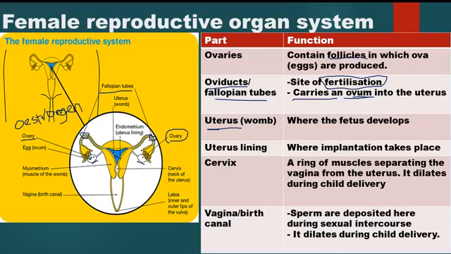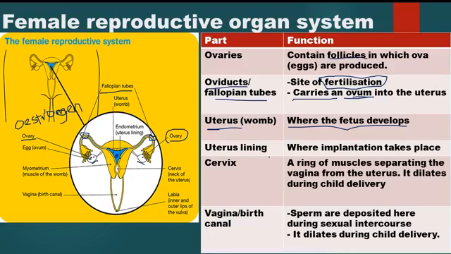Once implantation takes place, the embryo will develop into the fetus, and the fetus develops into a baby inside the womb. So please look at the location of the womb and its function.